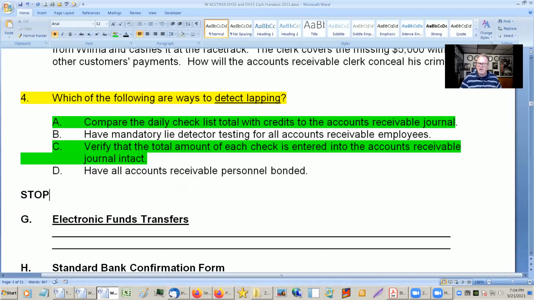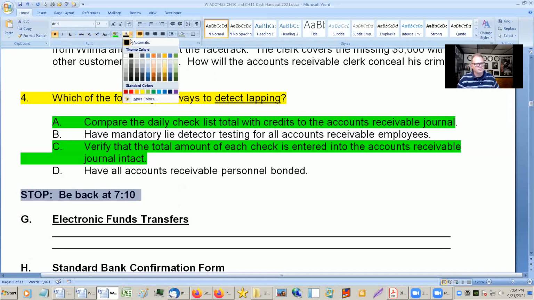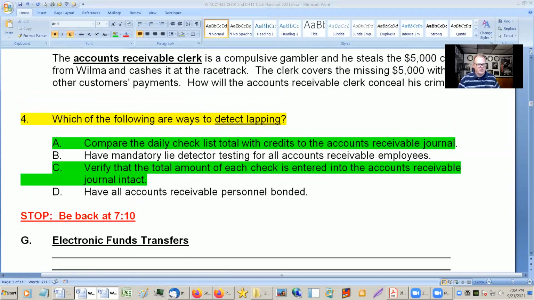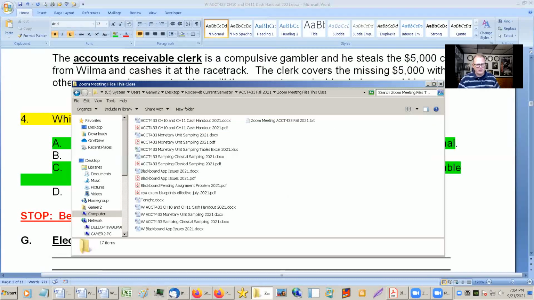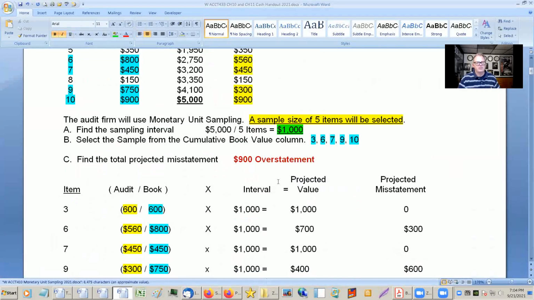Let's be back at 7:10, and when we come back, we will start in where we left off on the monetary unit sampling.